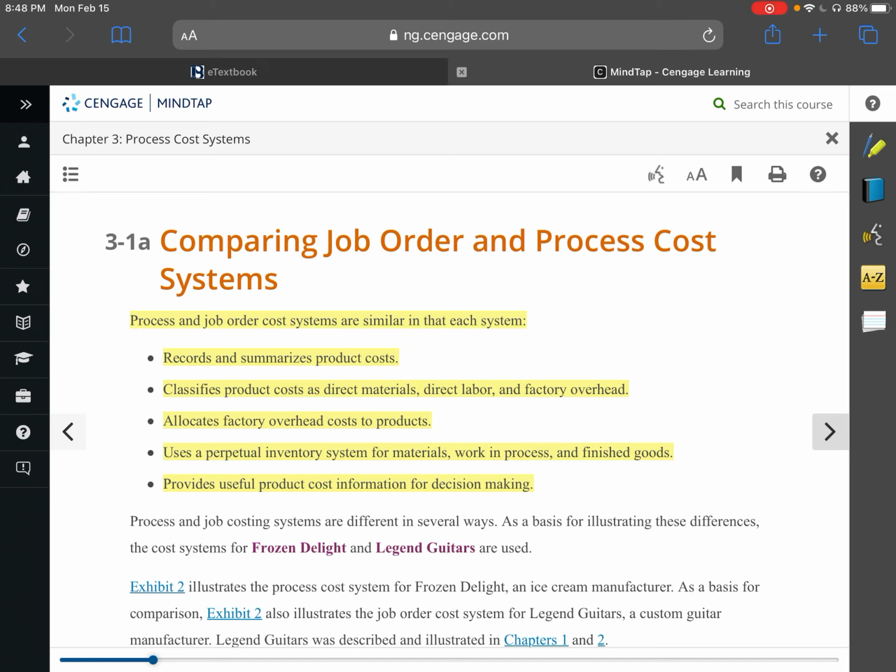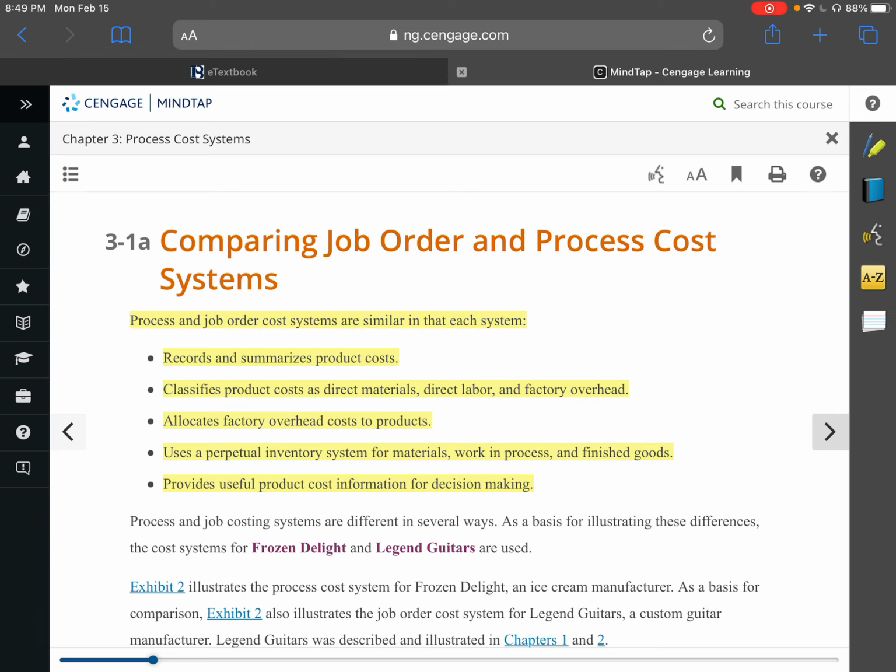So let's compare the job order and the process cost system. All right, so how are they similar? Okay, so the process and the job order cost system are similar because they record and summarize product costs. So, the end goal is to have a cost for the products that we make, whether they're all the same, like oil, or whether they're each individually different, like custom houses.